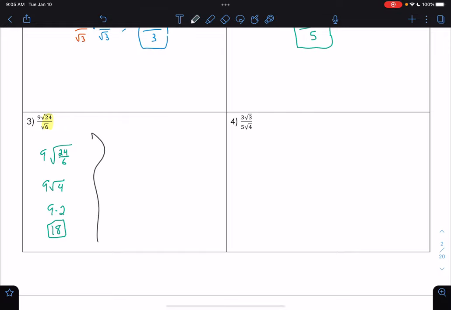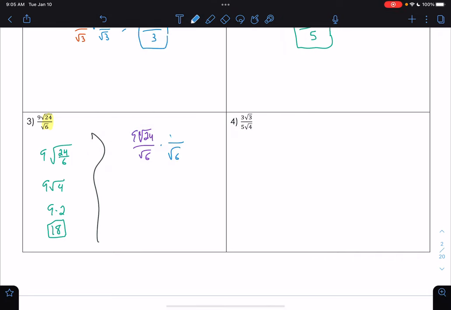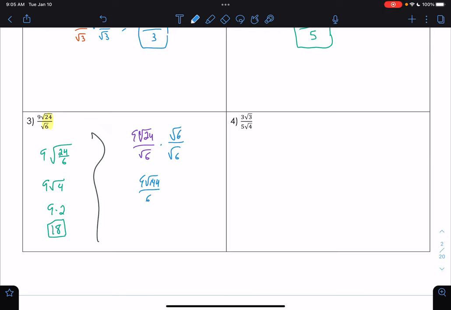But we can also rationalize this. Let's say we rationalized our denominator. We multiplied both the top and the bottom by square root of 6. Well, we'd get 9 square roots of 144 over 6.